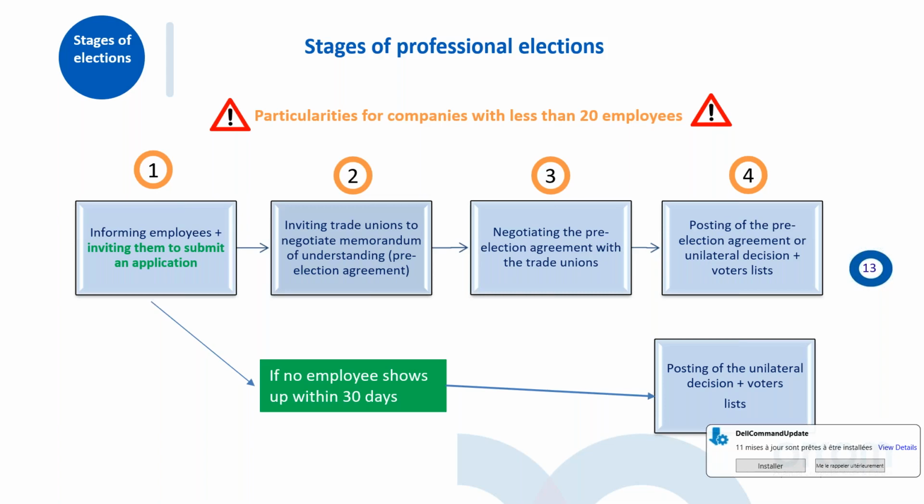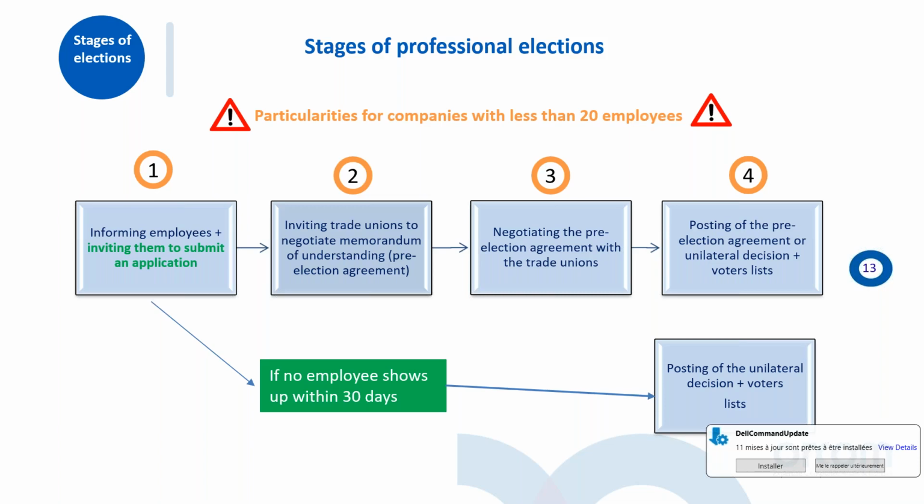Just to sum up some of the deadline calendars, the first round of election, as I said, must at least be 90 days after informing the employees, which is step 1. In case you have a renewal of your committee, it will need to be at least 2 months before the end of the mandate.